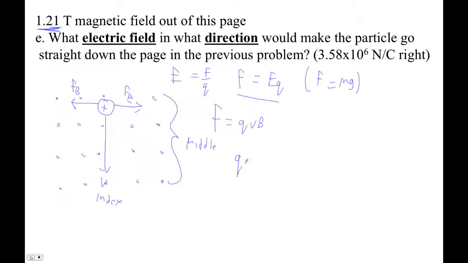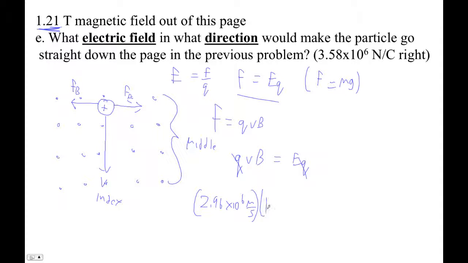So QVB is equal to EQ. As long as you have a charge, as long as you're not dividing by zero here, this is well defined, right? So VB is E, and then we can just plug it in. How fast was that thing going? It was like 2.96 times 10 to the 6th meters per second. That's the velocity from the previous problem.